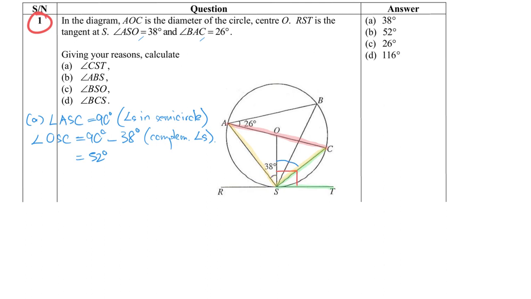So now if this is 52, to be complete, I will also conclude and say that angle OST is 90 because of tangent perpendicular to radius, and therefore say that angle CST is finally 90 minus 52, which is 38.